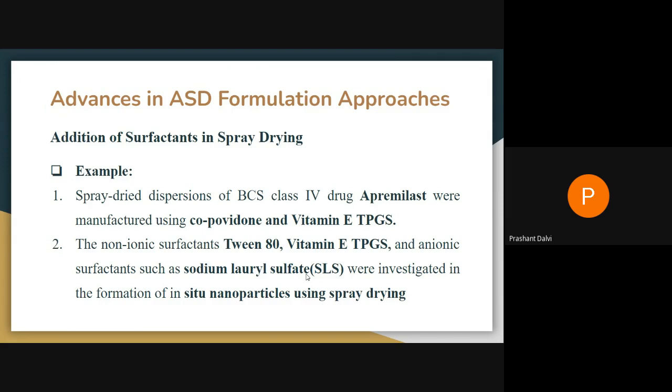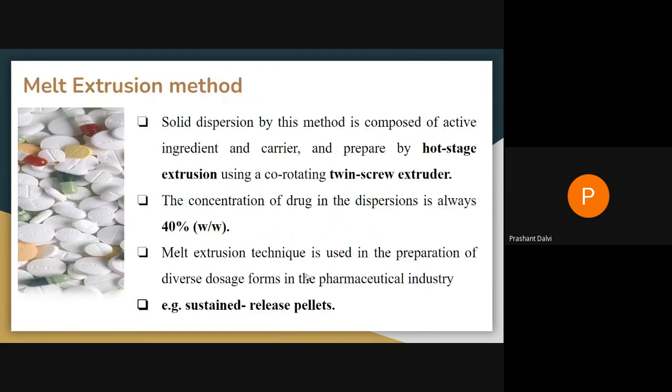Then ionic surfactants such as SLS were investigated in the formulation of in situ nanoparticles using these spray drying techniques. So different types of polymers and surfactants are used to improve the bioavailability of these formulations. So these are some recent advances in the spray drying technique for the formulation of amorphous solid dispersions.